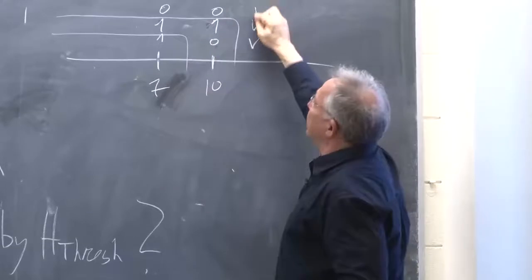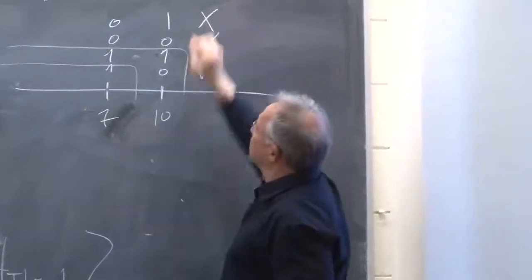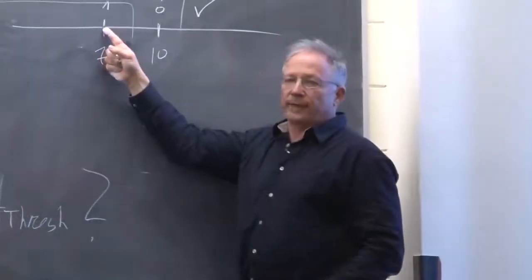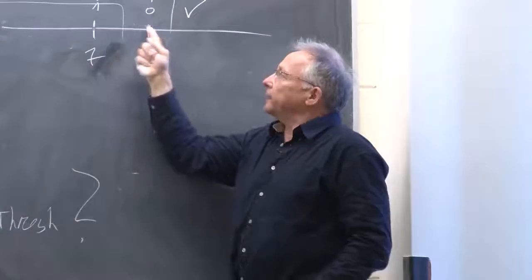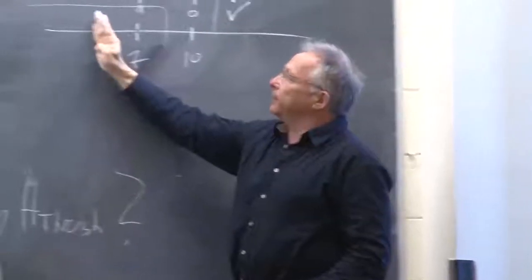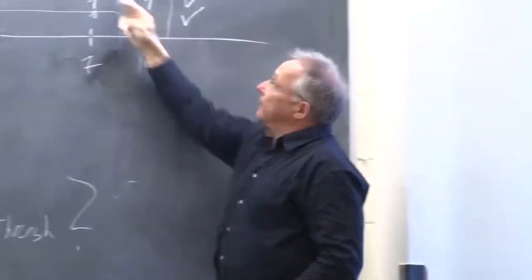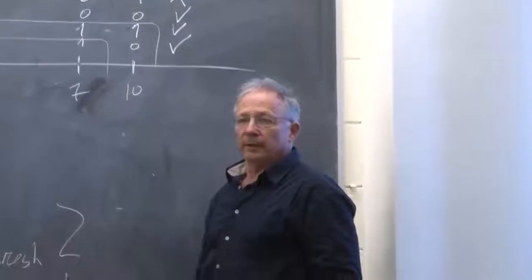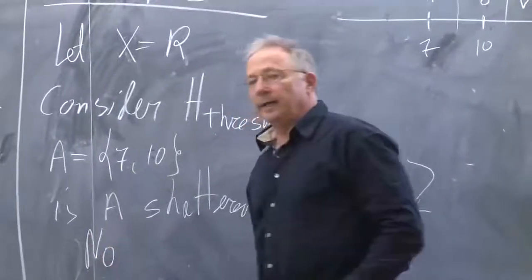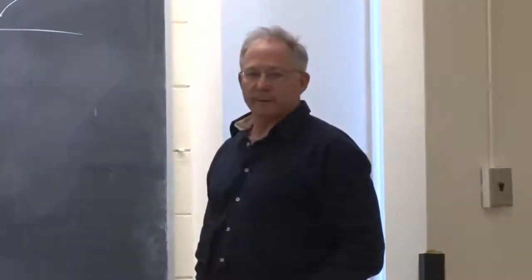I can. Can I get 0 on this one and 1 on the other? No, I cannot. Every threshold function that gives 0 to 7 will also give 0 to 10, because if it gives 0 to 7, the threshold was before we reach 7. So this pattern is not achievable, so the answer is no. A is not shattered by the threshold functions.